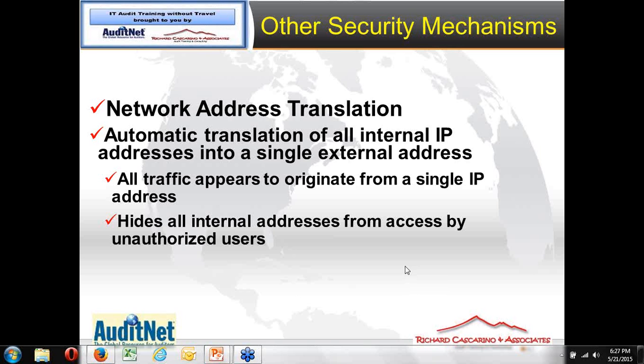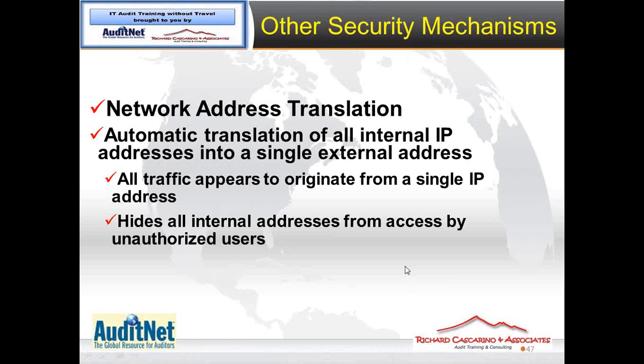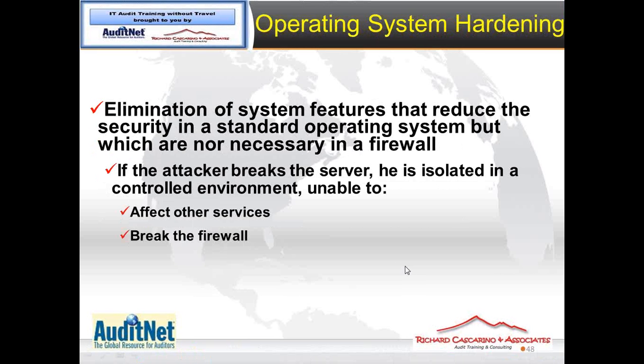So I can't see if you're online because I can't ping you because I don't know what your address is. I can't say who is that person. Hardening of the operating system involves taking whichever operating system you're dealing with, and it could be a mainframe, it could be a mini, it could be a micro, and eliminating from the system all the standard features that reduce the security which are not necessary in a firewall.